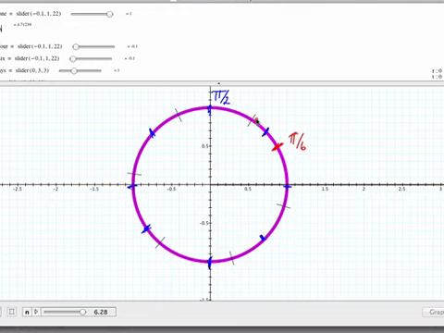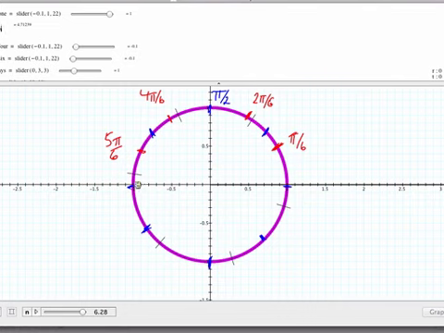2 pi over 6. 3 pi over 6 is the same as 4 pi over 6. 5 pi over 6. I'm not in the perfect location every time here.